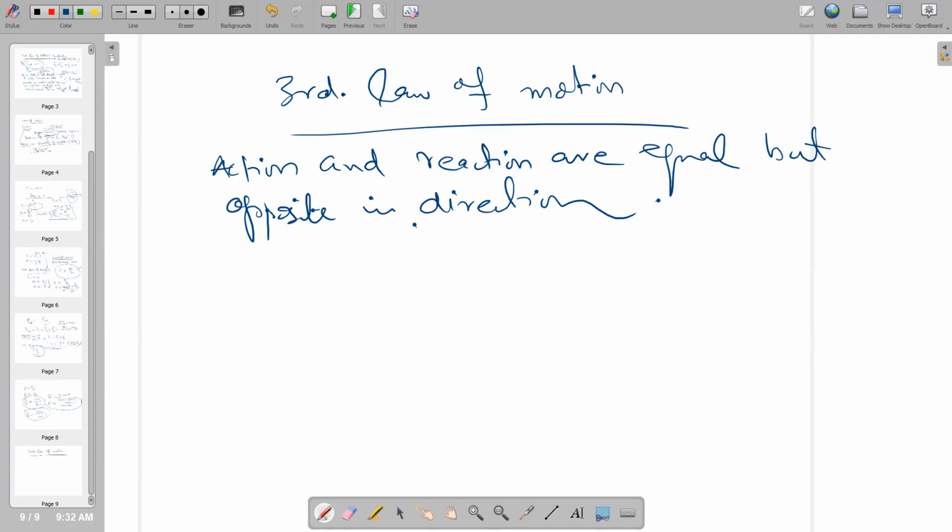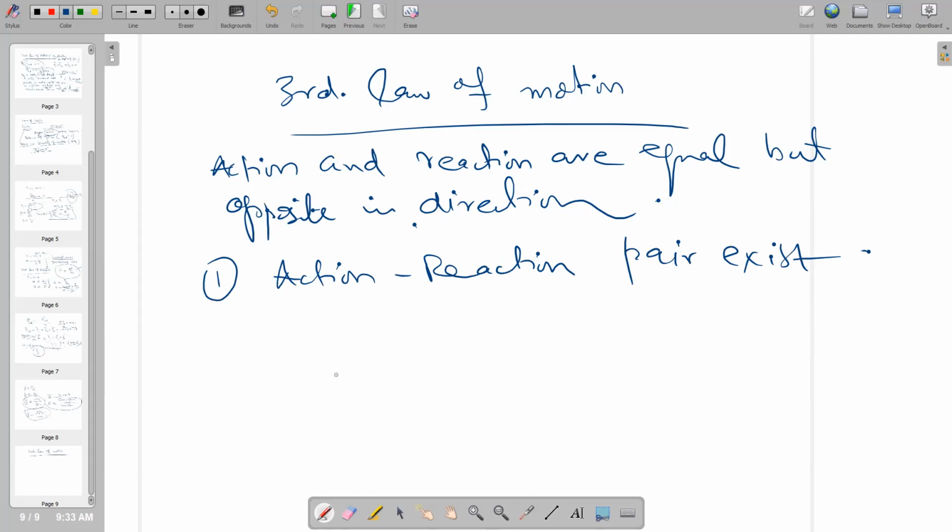Tedious in what sense? The first point: this statement is telling us that an action-reaction pair exists. Pair means if one is action, the other is reaction.